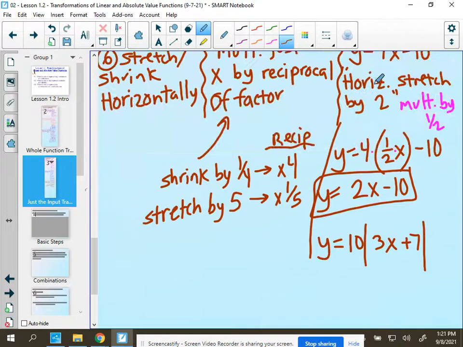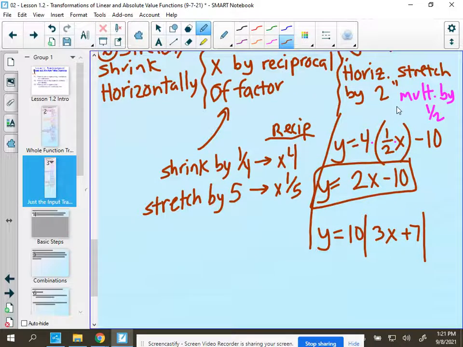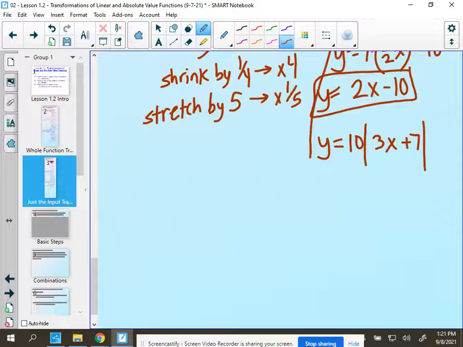Let's do a horizontal shrink by 1/3. So horizontal, doesn't matter. Shrink by 1/3.